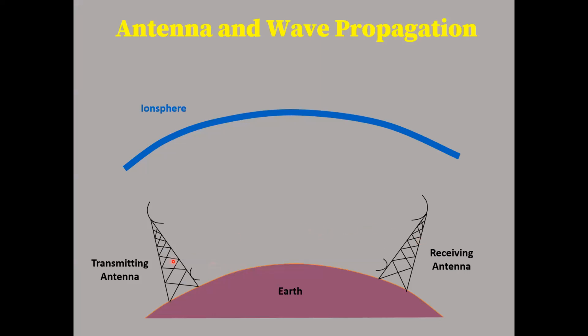And that is antenna and wave propagation. This is the transmitting antenna and this is the receiving antenna. That is the Earth and that is the ionosphere.